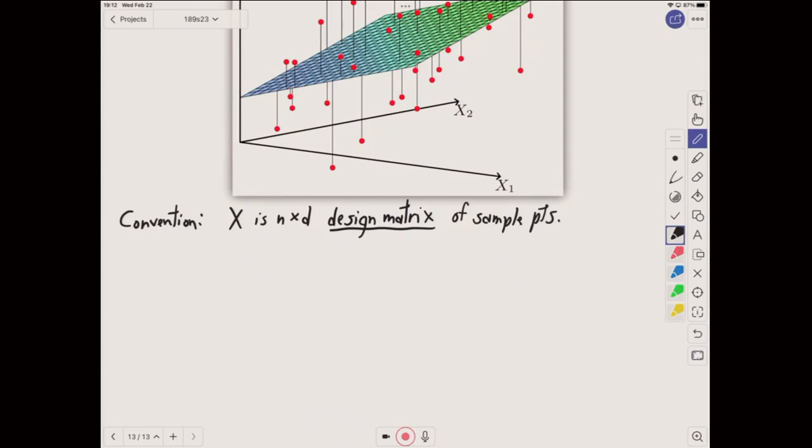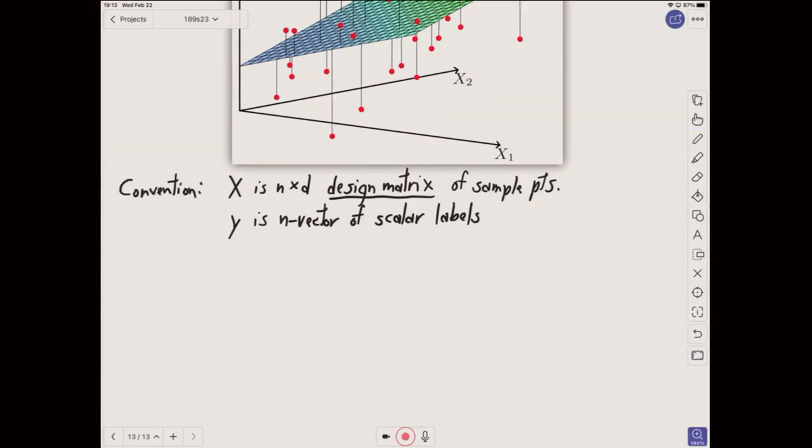And n is the number of sample points, and d, of course, is the number of features in each sample point. We're also given a vector y of length n, which gives us the labels, but now the labels are not classes, now the labels are scalar values.